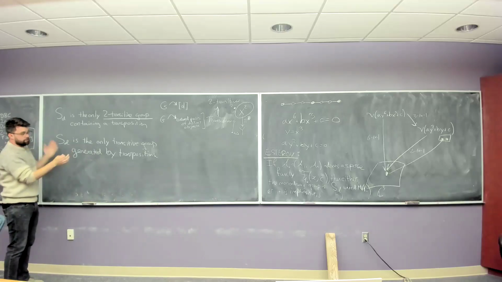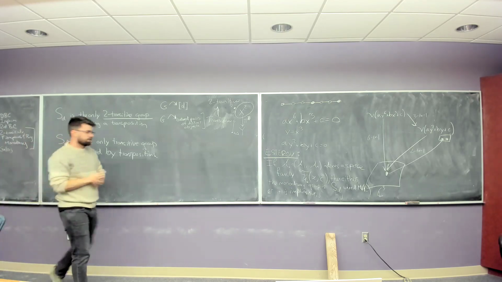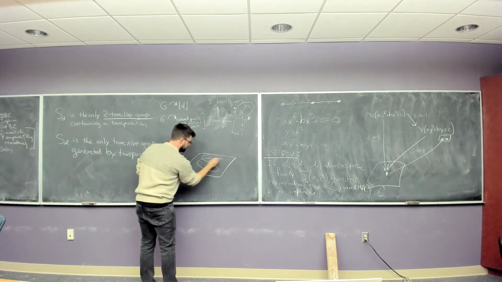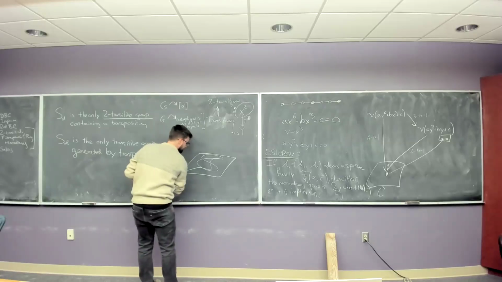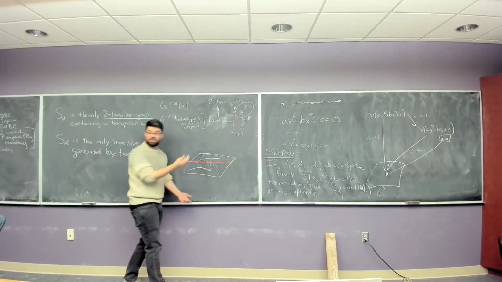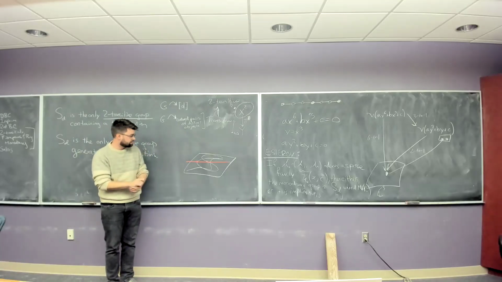This one, which isn't ever used, but I really like, says that SD is the only transitive group generated by transpositions. Here's my discriminant. I'm going to slice it with a random line, which should have the same monodromy group above that line by the theorem from last class by Zariski.